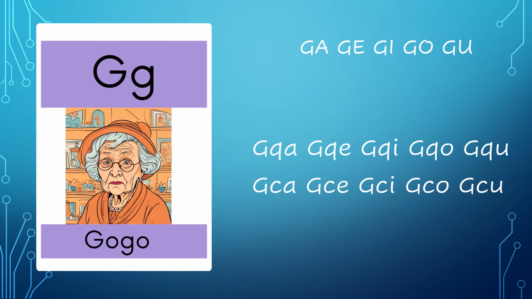When a C is added, it sounds like ga, gi, gi, go, gu. An example of this would be gogo, which means grandmother.